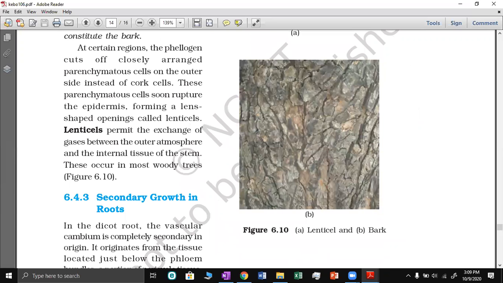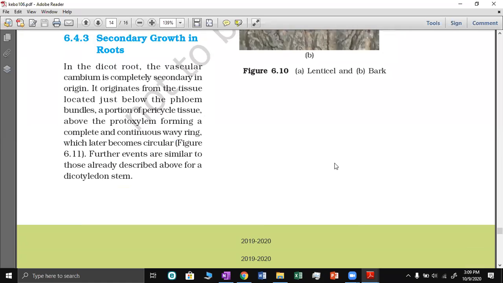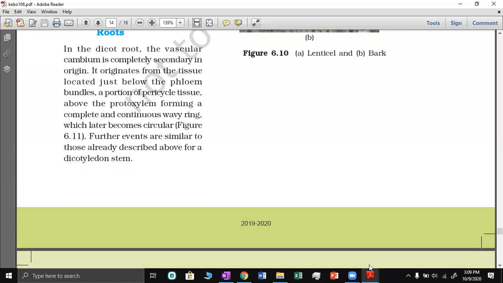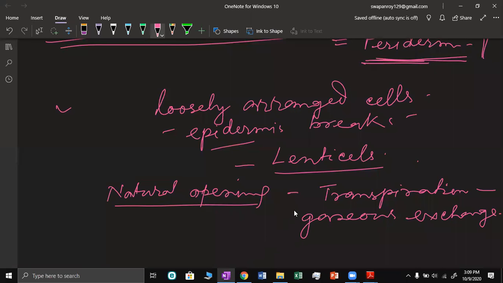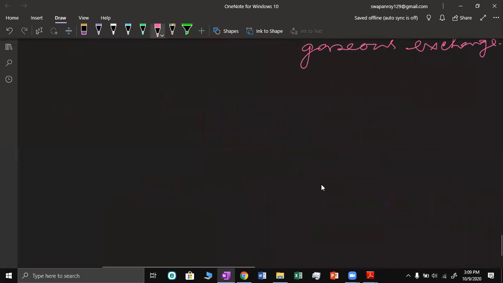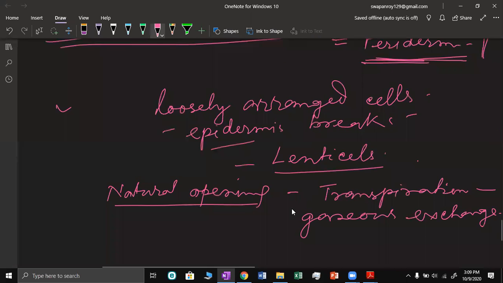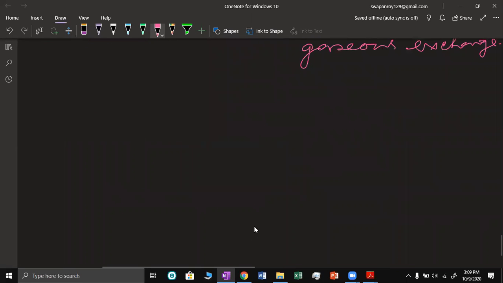Due to continuous formation of secondary tissues in the tree and increase in diameter, the older part of the bark cracks and comes out gradually. So this is all related to secondary growth.